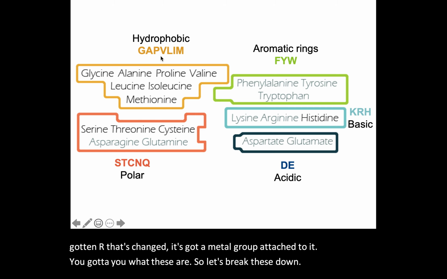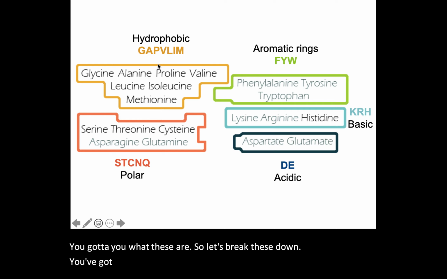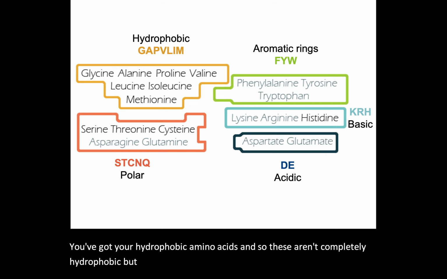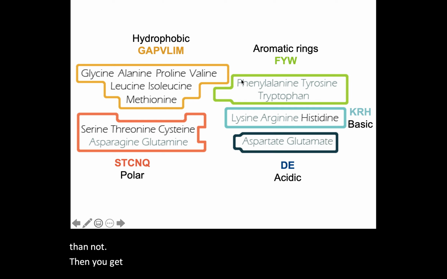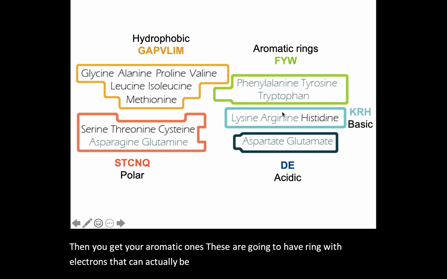You've got your hydrophobic amino acids. These aren't completely hydrophobic, but we're talking about the side chain, the part that's different on every amino acid. Those are going to be more hydrophobic than not. Then you've got your aromatic ones. These are going to have a ring with electrons that can actually be in different places at different times. They can move around.